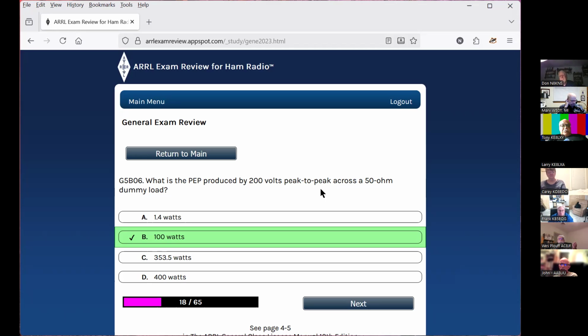Power is V squared over R, so that's 70 times 70 divided by 50, or about 4,900 divided by 50, which is 100 watts. Just waving my hands a little bit. It's actually, I believe, 70.7 volts if you multiply it out with enough precision.